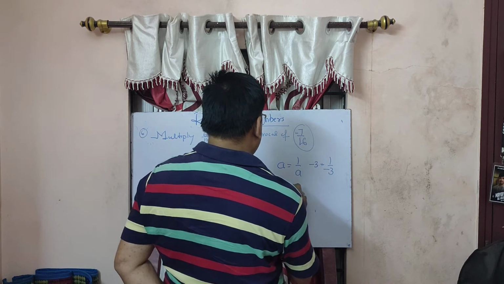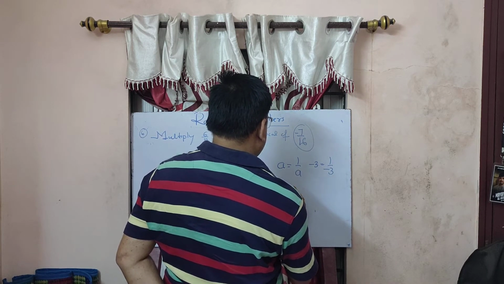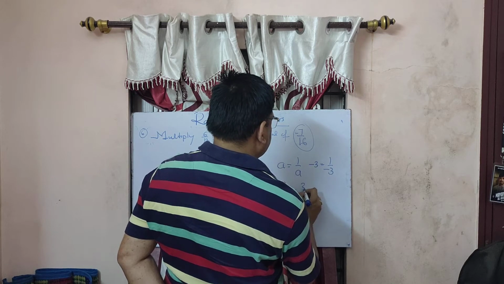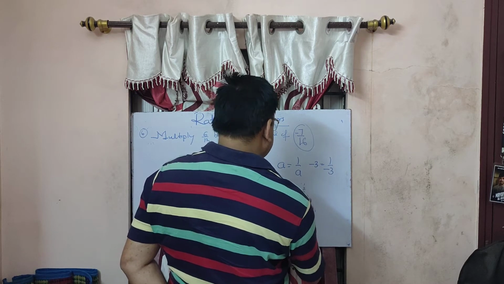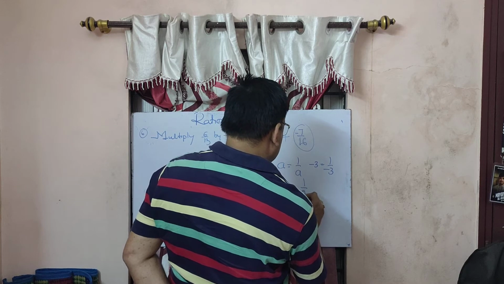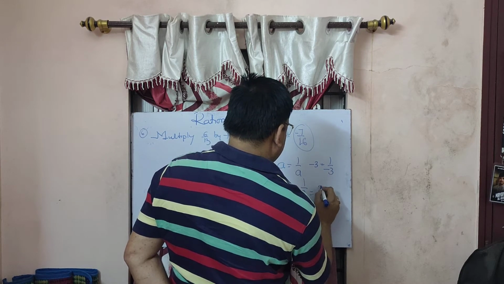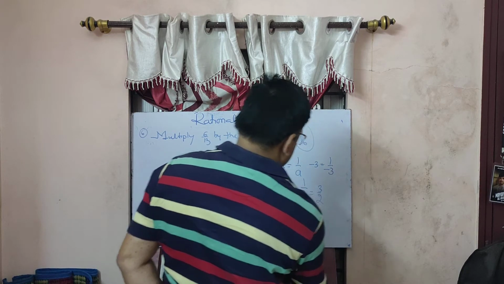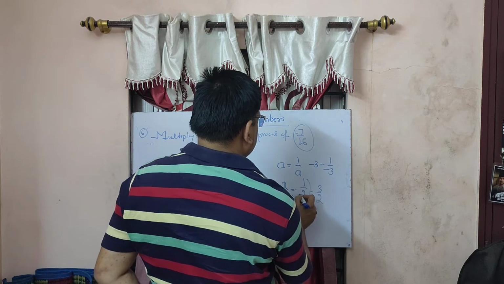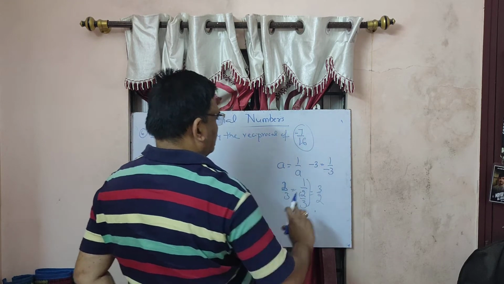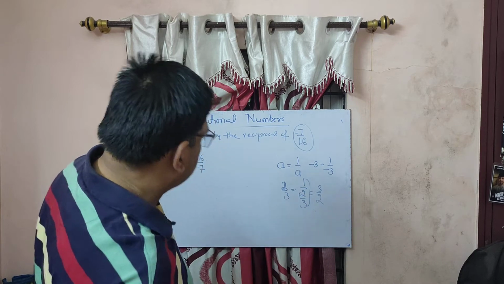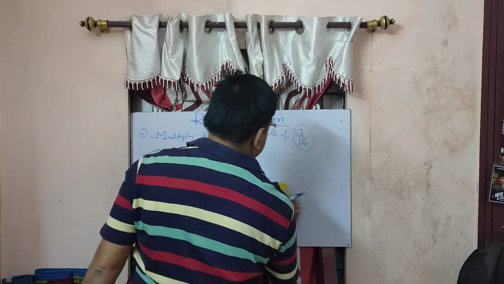What is the reciprocal of 2 upon 3? It is 3 upon 2. Or you can write it as 1 upon 2 upon 3, so that will become again 3 upon 2 only. This 3 will go here and the 2 will remain here. This is what reciprocal means.